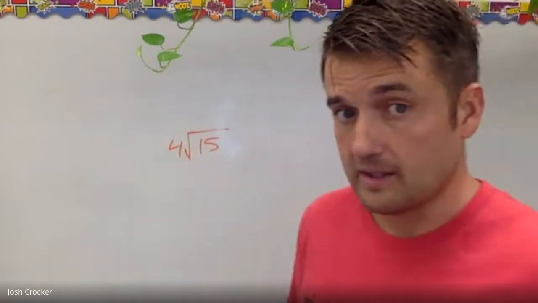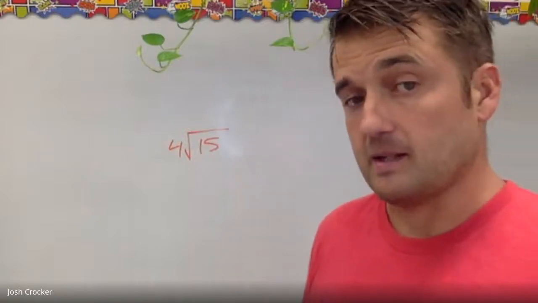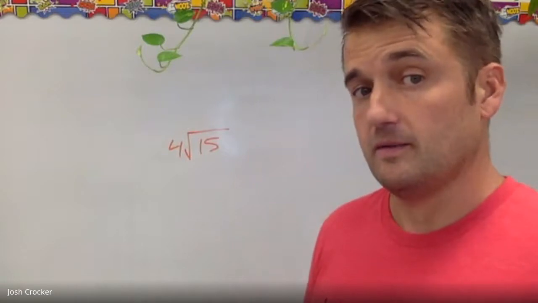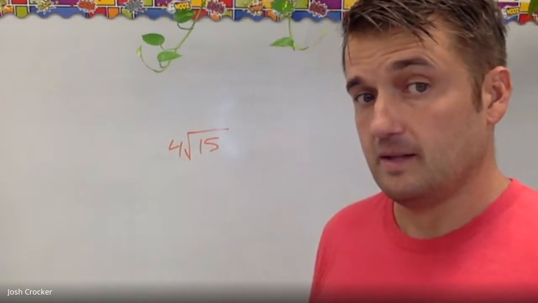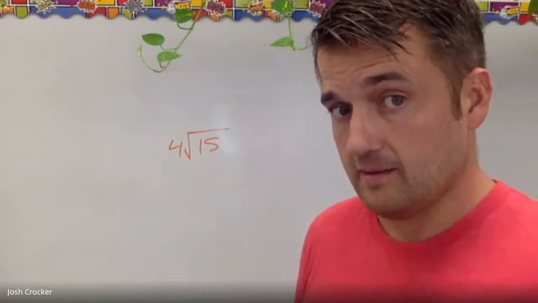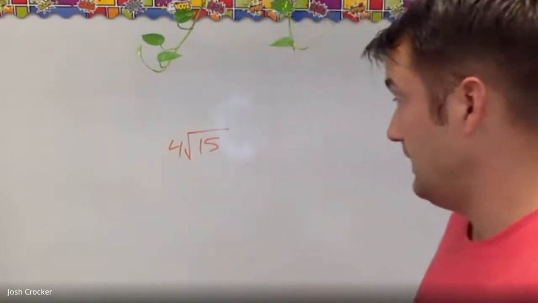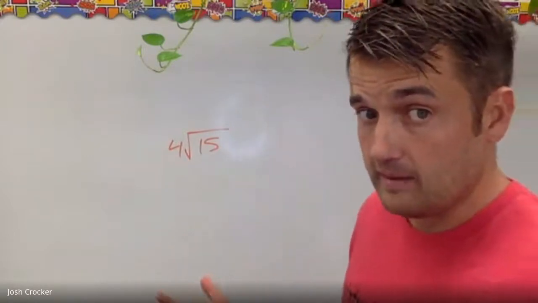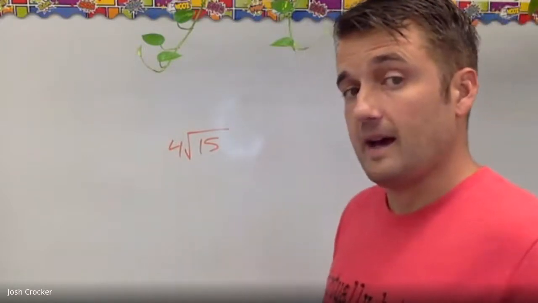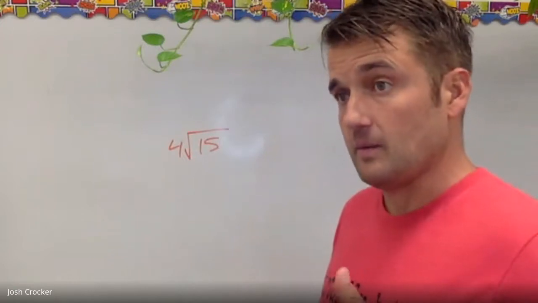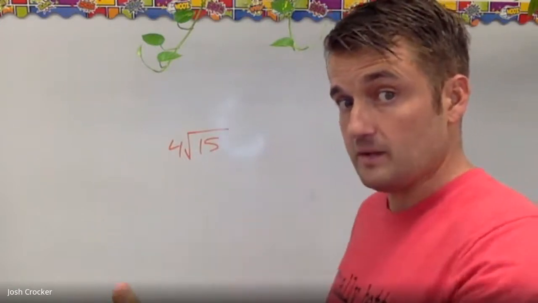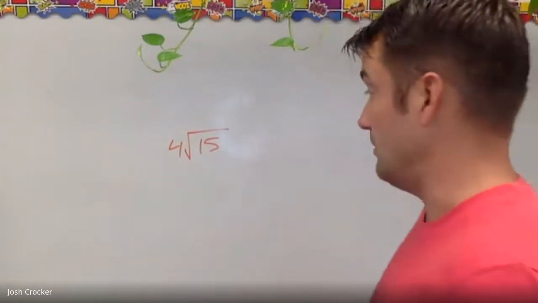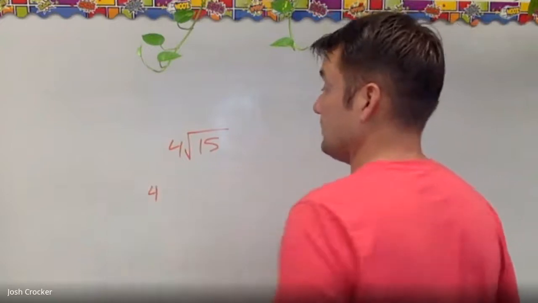So 4 doesn't go evenly into 15, right? If we think back to multiples, if we count by 4s, we won't say 15. 4, 8, 12, 16. Okay, 4 is not a factor of 15. It doesn't go evenly. So when you have a problem like this, as you will most of the time, what you need to do is think, how close can I get? And by that I mean like counting by 4s here. How close can I get to 15 without going over? So I can list the multiples of 4, right?